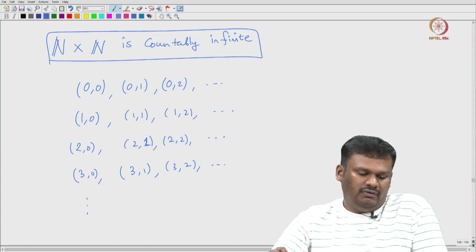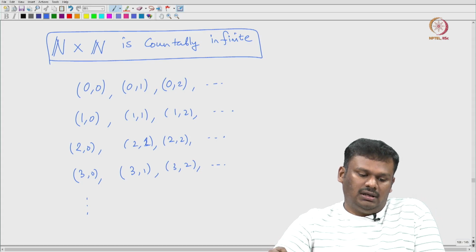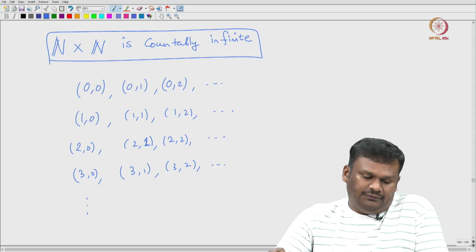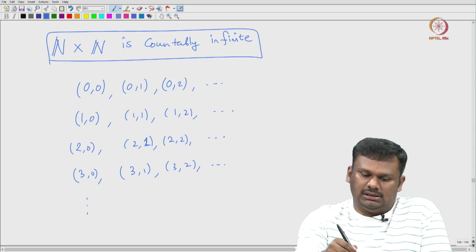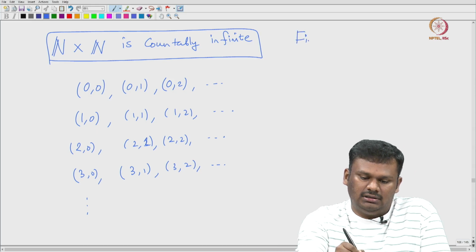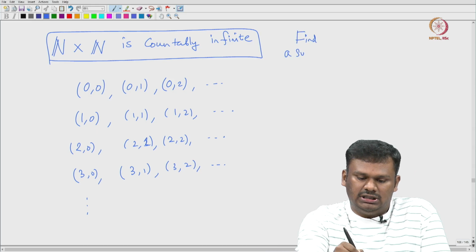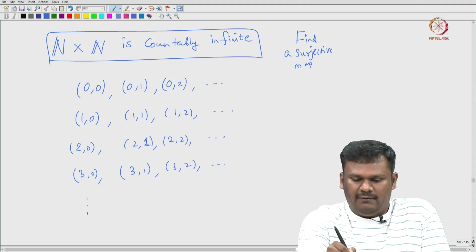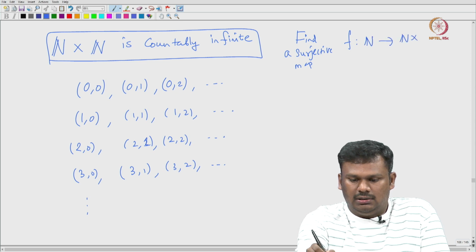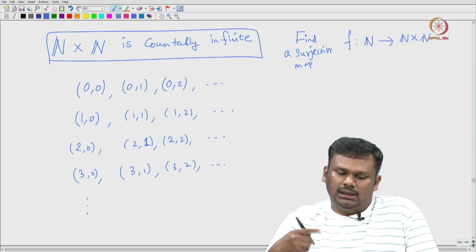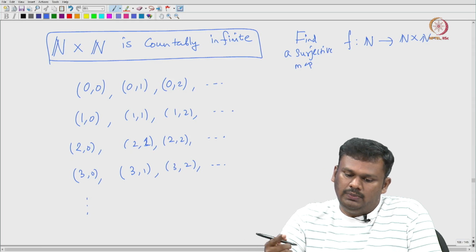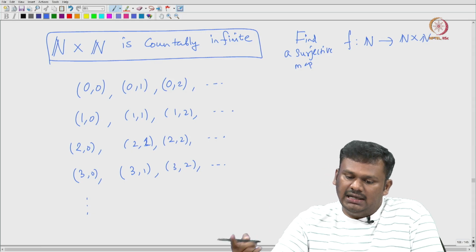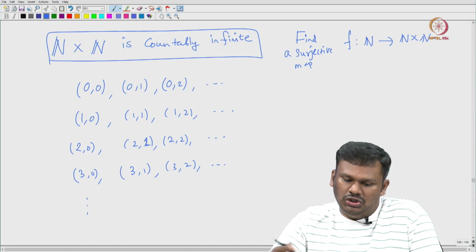Now what we want to do is give a surjective map from n to n cross n. And if you think about it, a surjective map corresponds to basically counting n cross n from 0 to infinity.